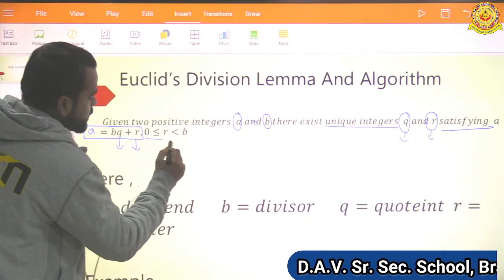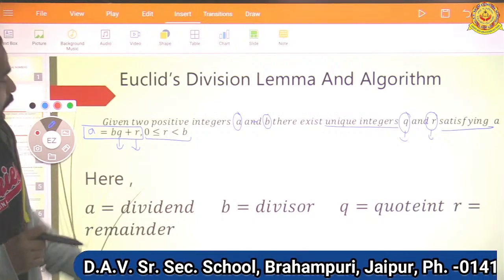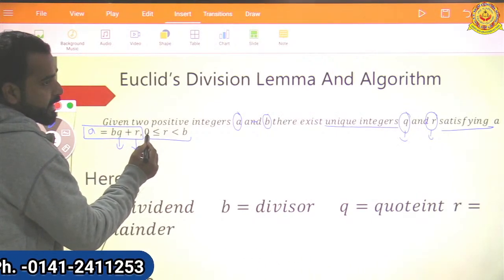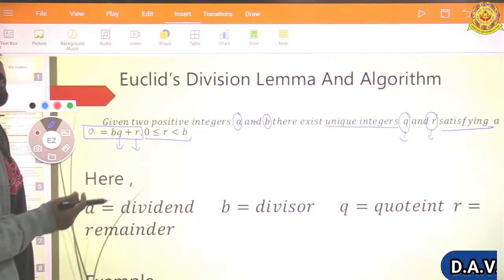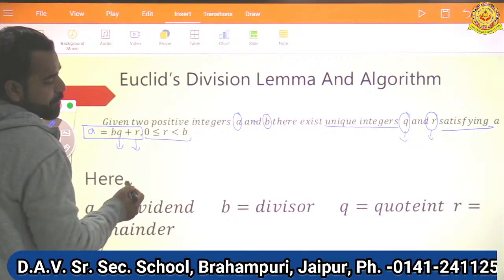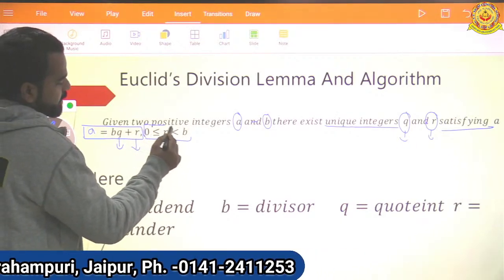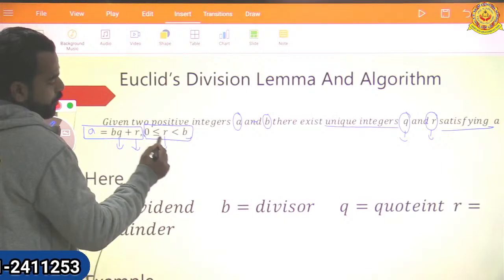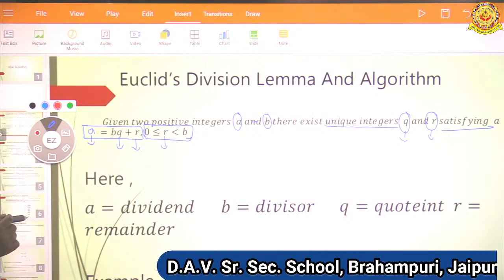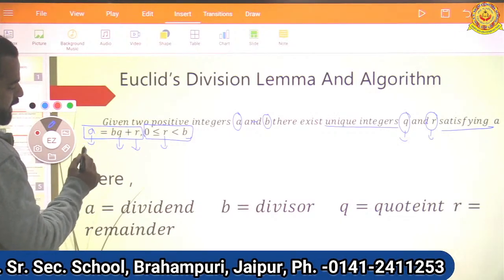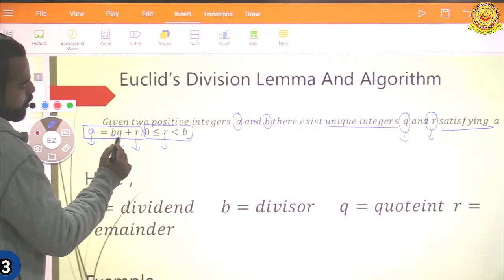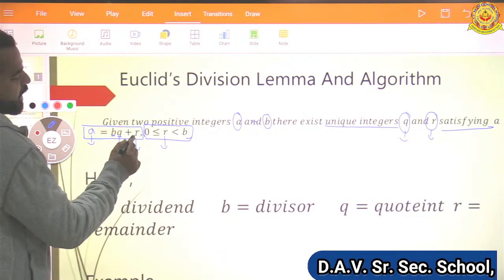And here is the important thing: r is greater than or equal to 0, and r is less than b. Look at this: a = bq + r. So we can say that a is the dividend, b is the divisor, q is the quotient and r is the remainder.